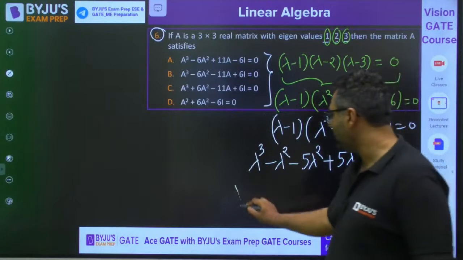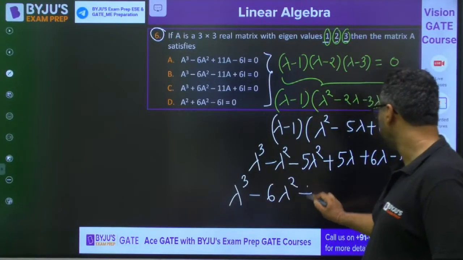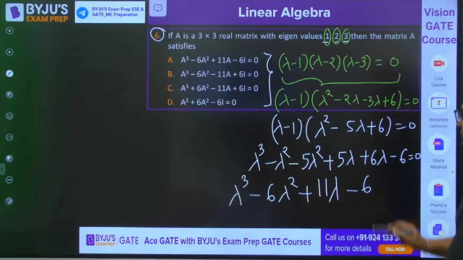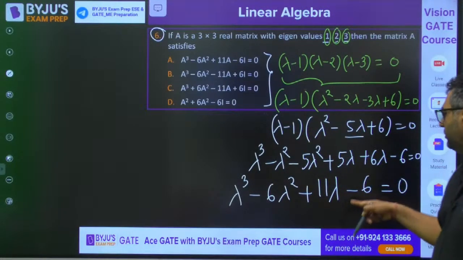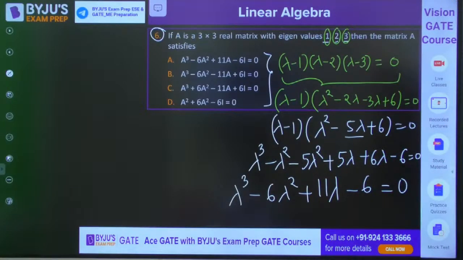From here you got lambda cube minus 6 lambda square plus 11 lambda minus 6 is equals to 0. Is it clear? When I will be multiplying this, minus 5 lambda will be minus and 6. Okay. Is it clear?